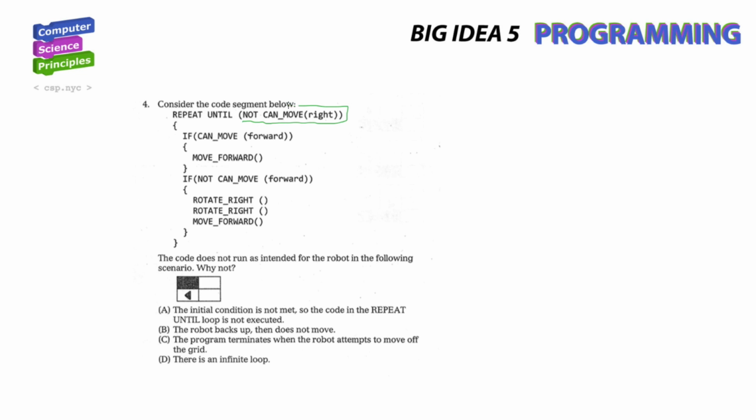So not can move right. So at the moment, can it move right? Well, no, because it's blocked out here. So it cannot move right. So therefore, all of this stuff is not going to work because it's stopped at the start line. So therefore the initial condition is not met, so the code in the repeat until loop is not executed. So that's our answer A.